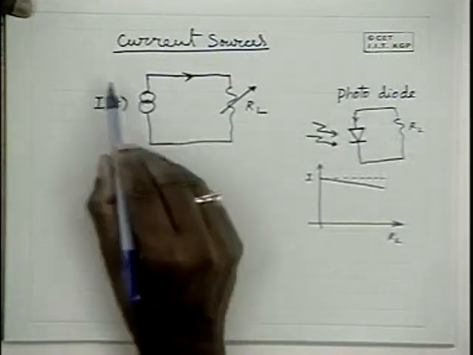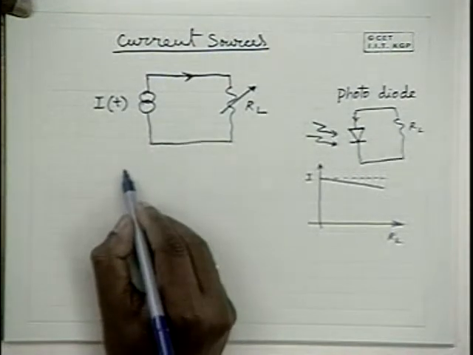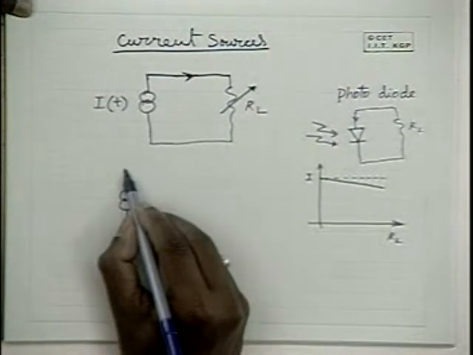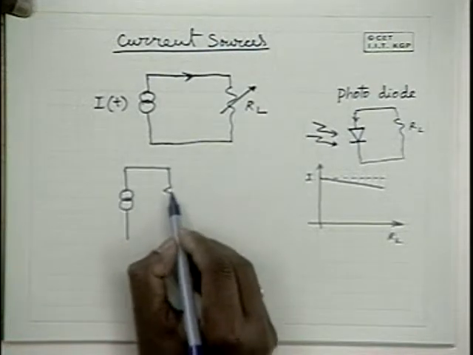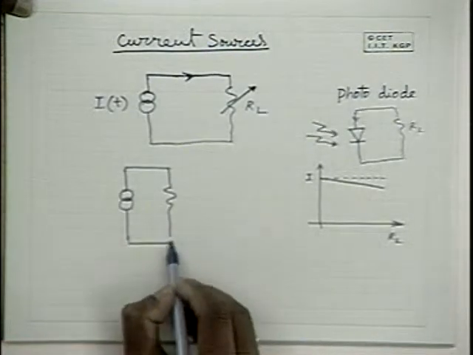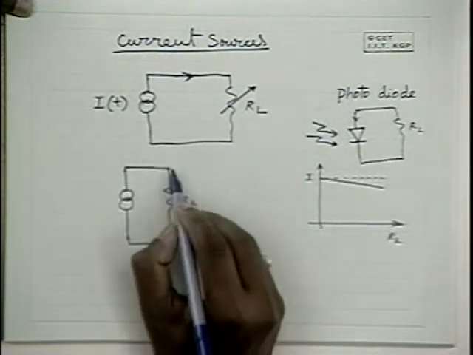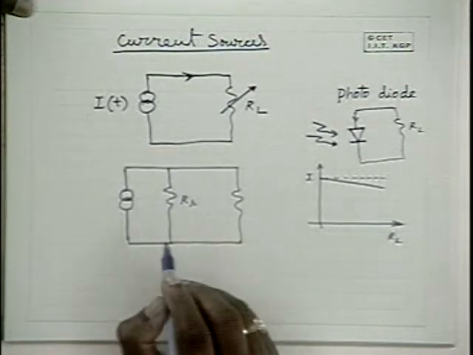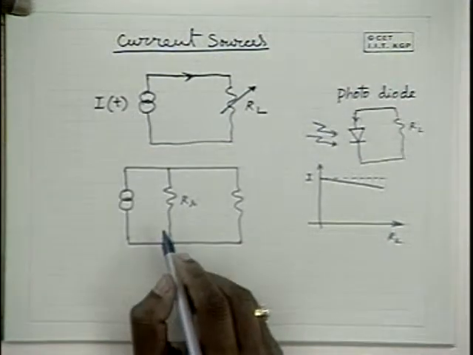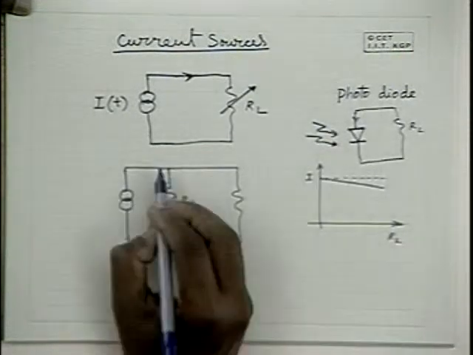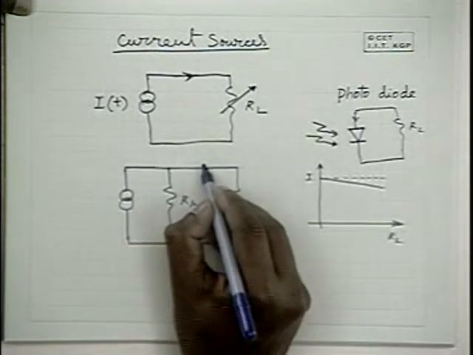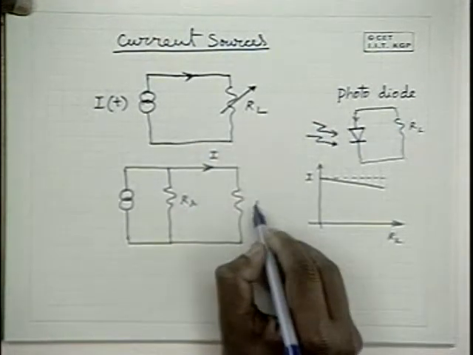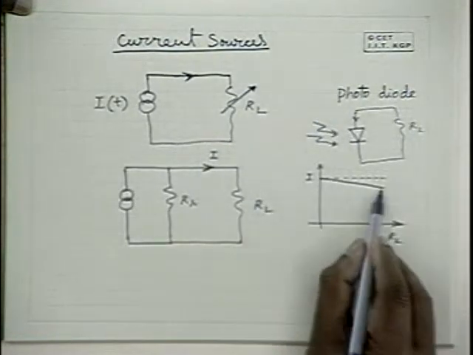Hence, such practical current sources can be represented by an ideal current source in parallel with a large source resistance. Please note the current characteristics here. The current I drops with RL in this fashion.